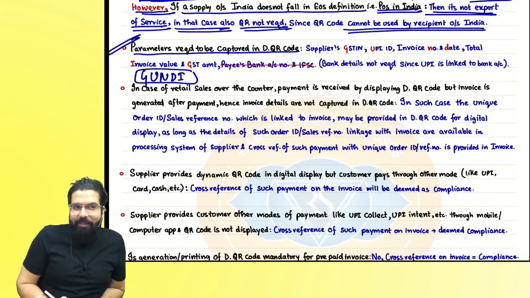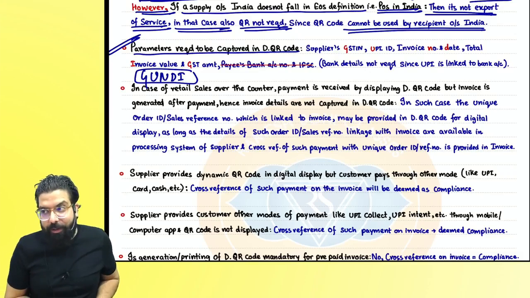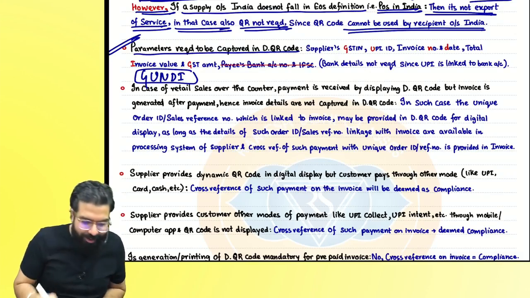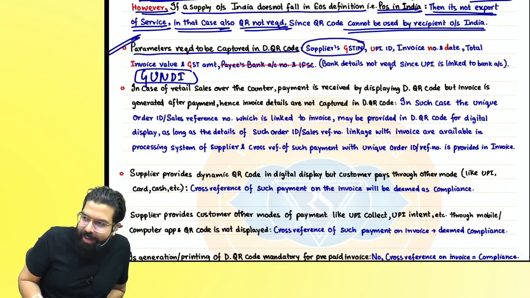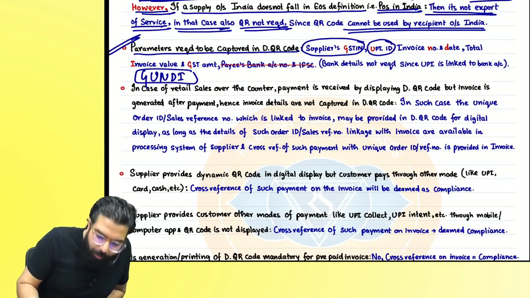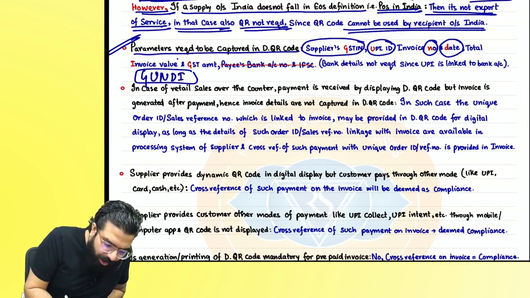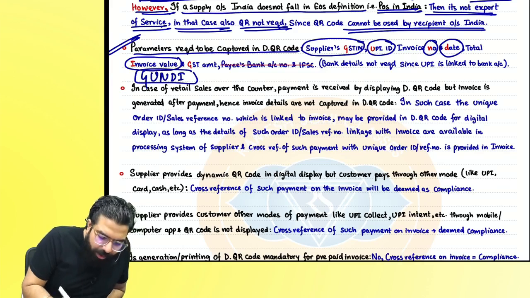Baba, Gundi in Hindi means lady don. Okay, everyone? Now, G for supplier GSTN number, U for UPI ID, I for invoice number, N for invoice number, D for date of the invoice, I for invoice value, and G squared, it is GST amount.